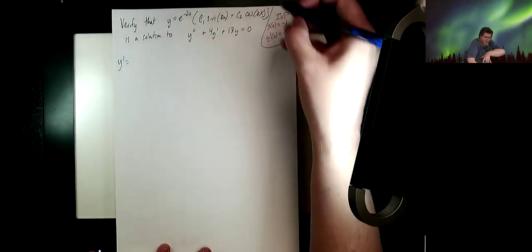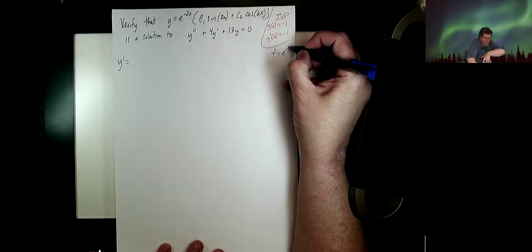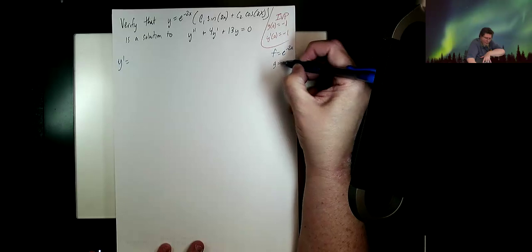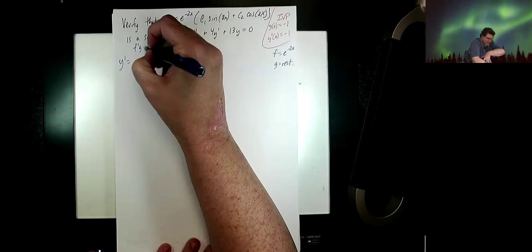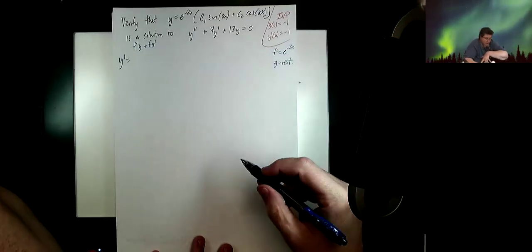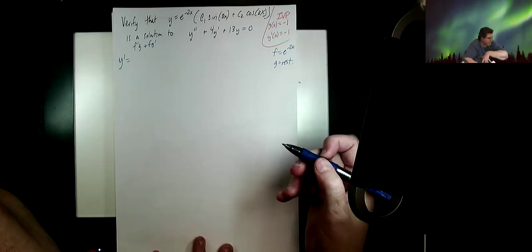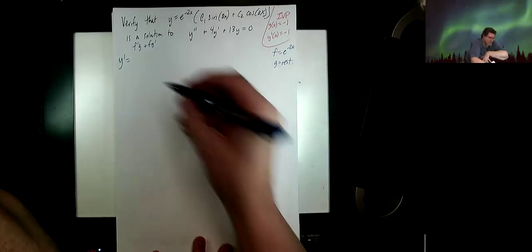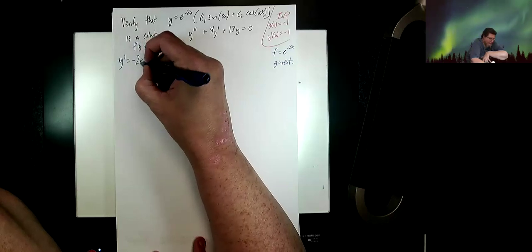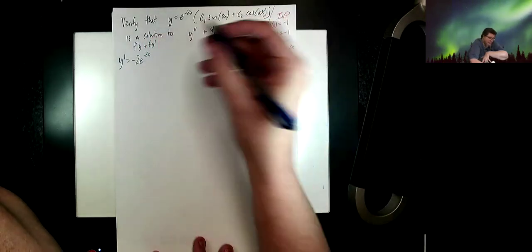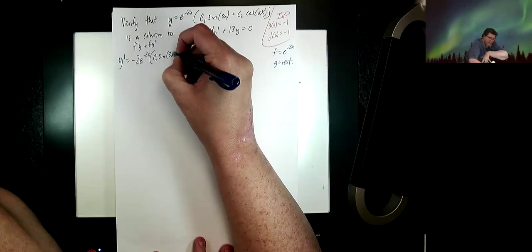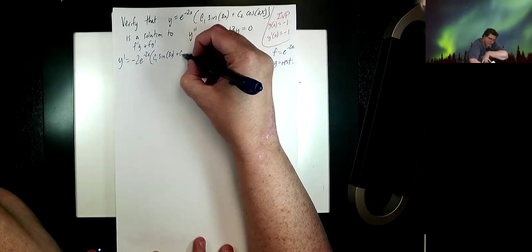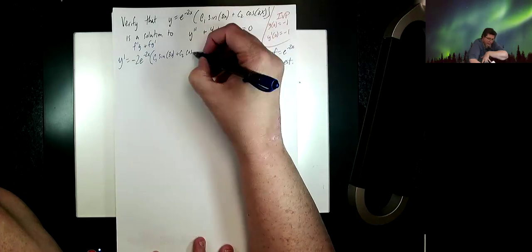So if F is the e to the negative 2x part and G is the rest, I've got F prime G plus FG prime I need to fill in. So F prime, the derivative of negative 2x is negative 2 e to the negative 2x. And then I've got C1 sine 3x plus C2 cosine 3x.